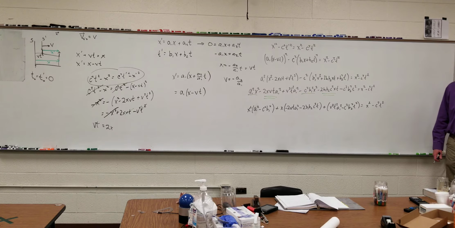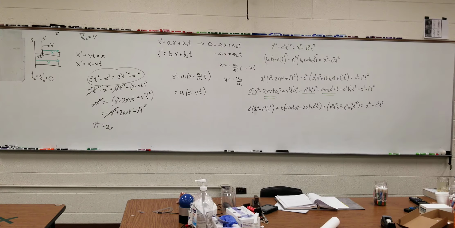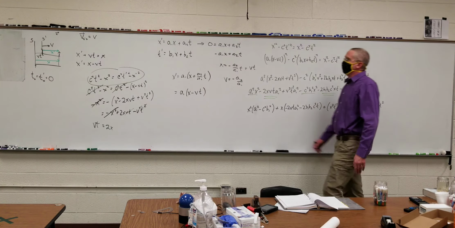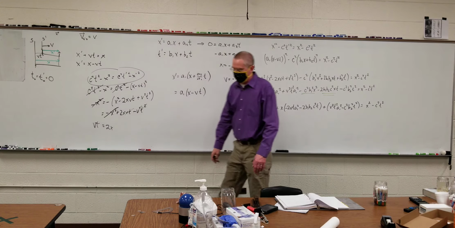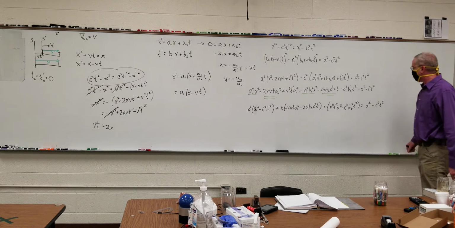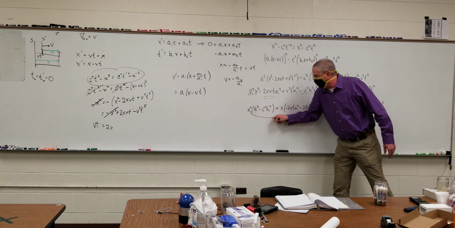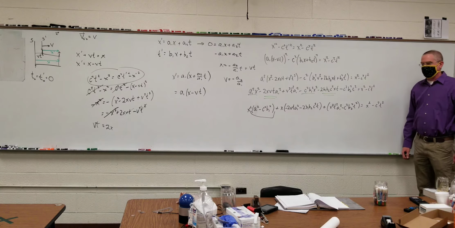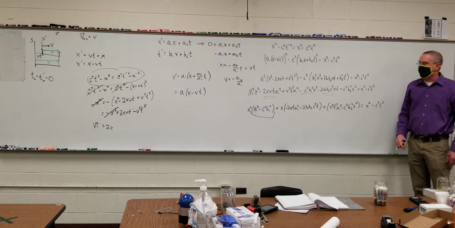I got my chaos error out of the way, I can write this. Alright, so I've got these two equations here, which I'm claiming are going to be equal, that I can come up with some linear relationship between what's happening in the prime frame and what's happening in the non-prime frame. So therefore, if these are always true, then this must equal 1, because I have 1x squared here, I better have 1x squared over there.